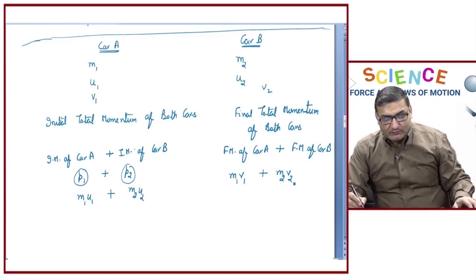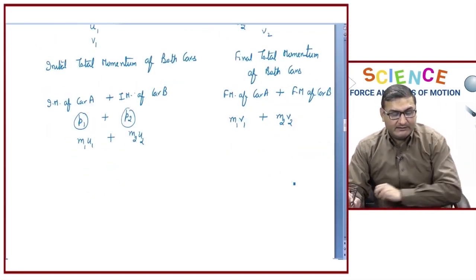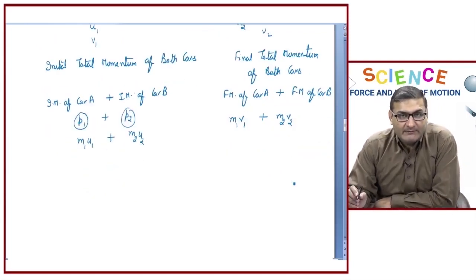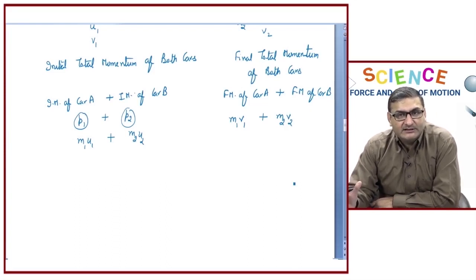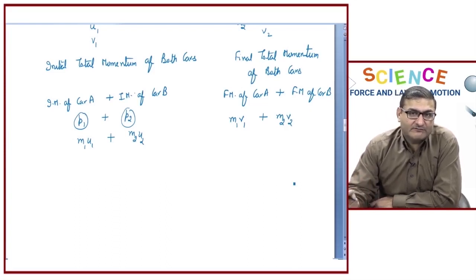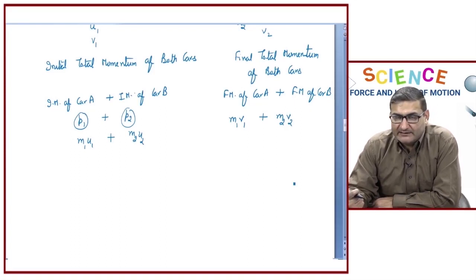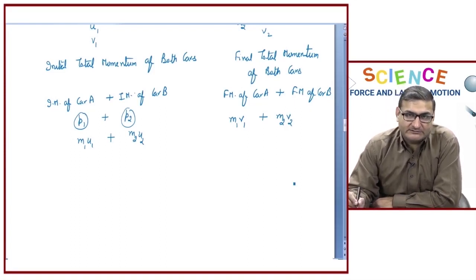Now, this is what we have seen. Let us try to relate. There is a car A with mass m1 and initial velocity u1, and a car B with mass m2 and initial velocity u2, right. They collide with each other, after which the velocity of car A becomes v1, the final velocity, and the velocity of car B becomes v2, the final velocity.